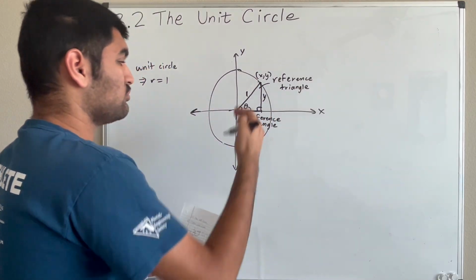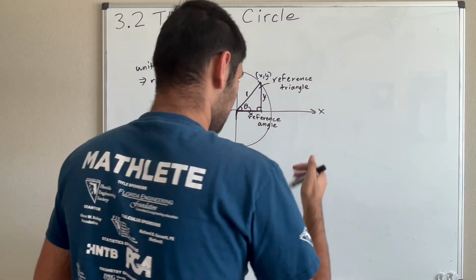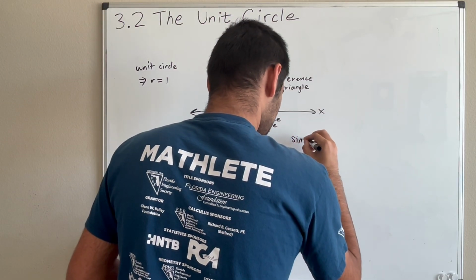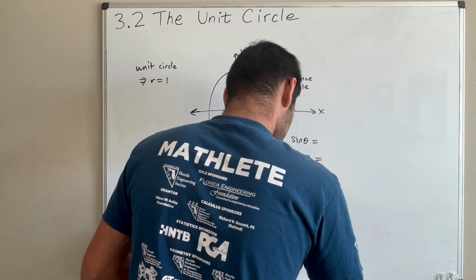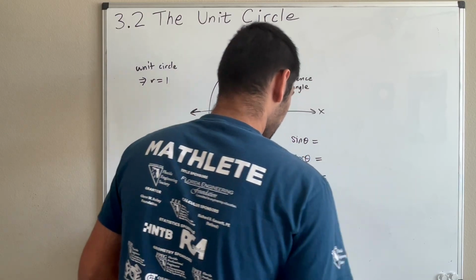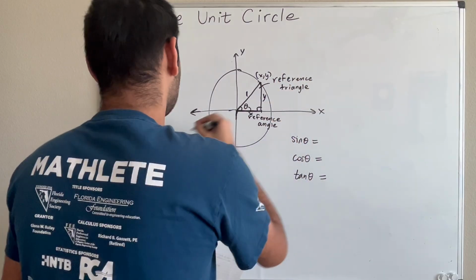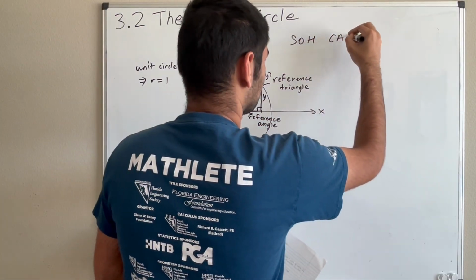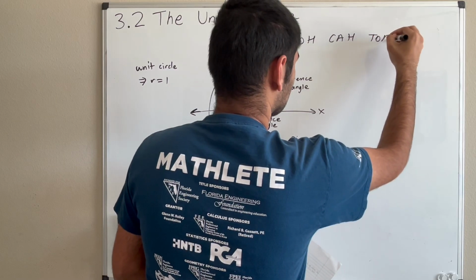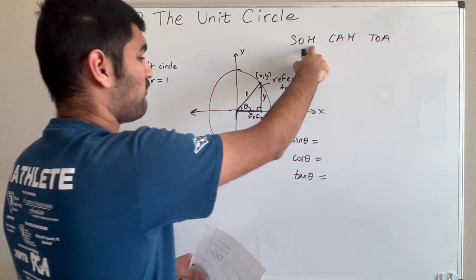All right, good. So now we can use SOHCAHTOA for theta. So sine theta, cosine theta, tangent theta. So remember, sine is opposite over hypotenuse.